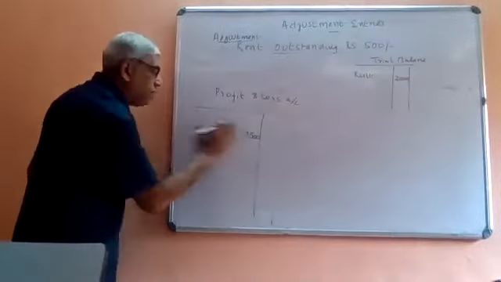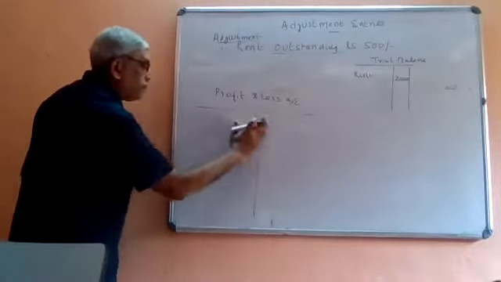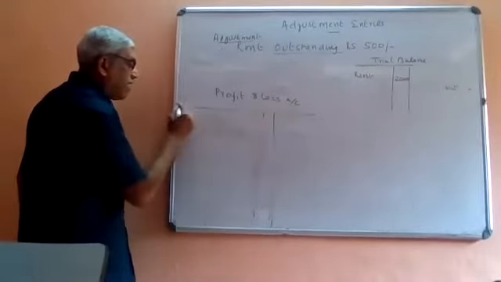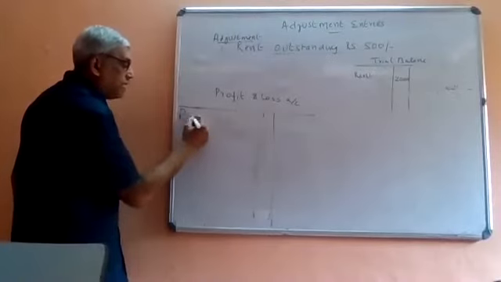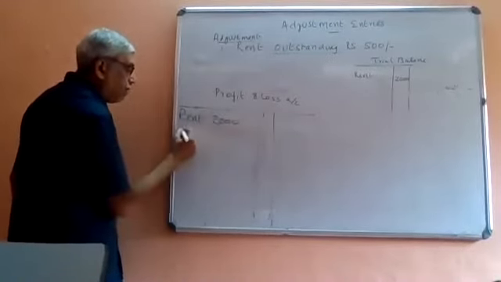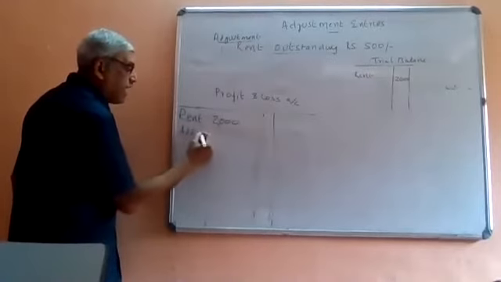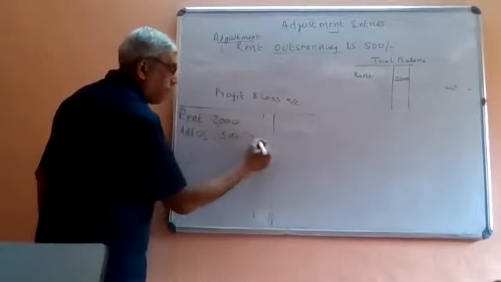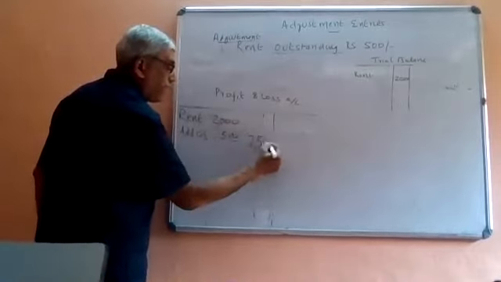Okay, I will write slightly bigger. So there is a rent of rupees 2000, and you have to write add outstanding 500 rupees. So your total rent will become 2500.